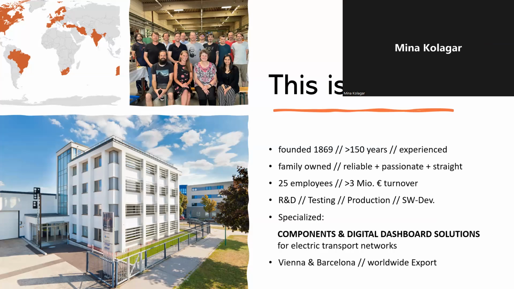Out of that knowledge, we have also started to develop software, especially for the energy flow of the overhead contact line. The software development is based in Barcelona and is one of the biggest points that I'm following for the future.